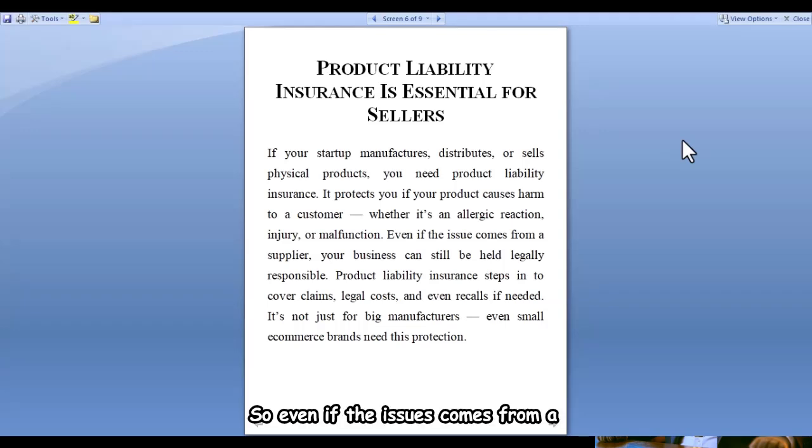Even if the issue comes from a supplier, your business can still be held legally responsible. Product liability insurance steps in to cover claims, legal costs, and even recalls if needed. It's not just for big manufacturers, even small e-commerce brands need this protection. So now let's go to the next one.